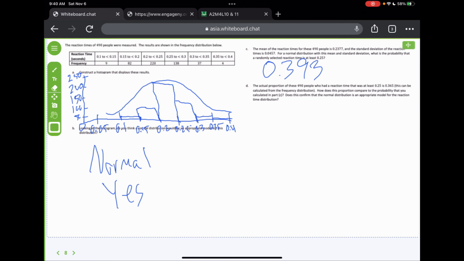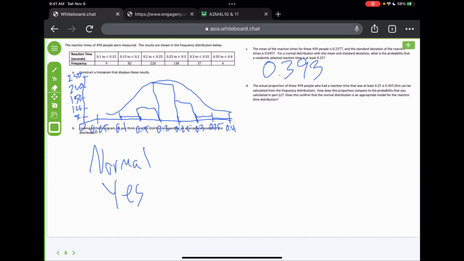Now, the actual proportion of these 490 people who had a reaction time that was at least 0.25 is 0.365. This can be calculated from the frequency distribution. How does the proportion compare to the probability that you calculated in part C? Does this confirm that normal distribution is an appropriate model for the reaction time?